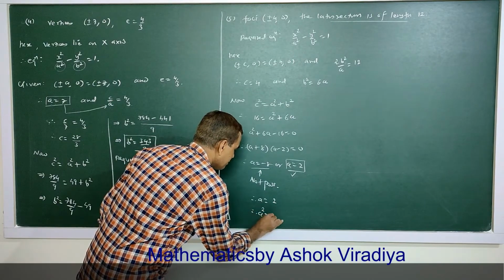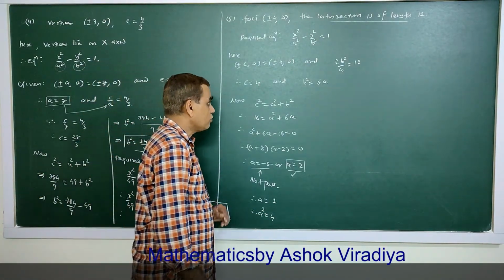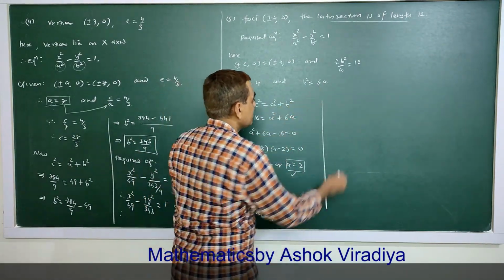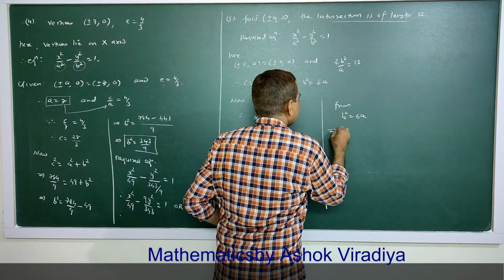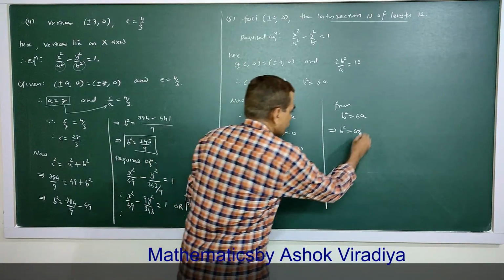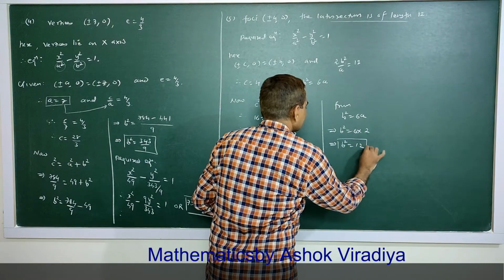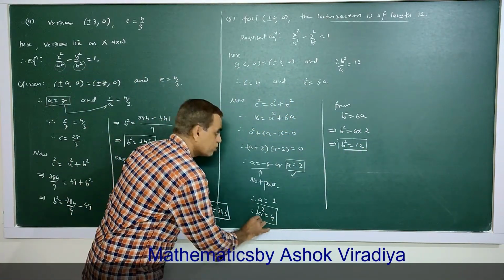So a square is 4. Now using a equal to 2 in b square equal to 6a, b square is 6 into 2, so b square is 12. So a square is 4, b square is 12.